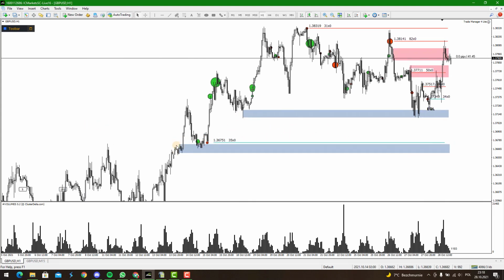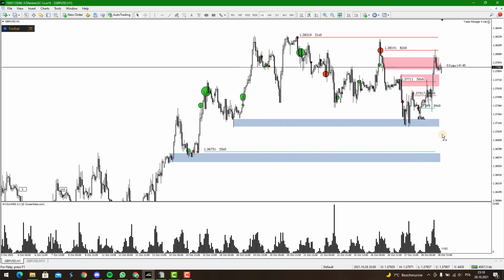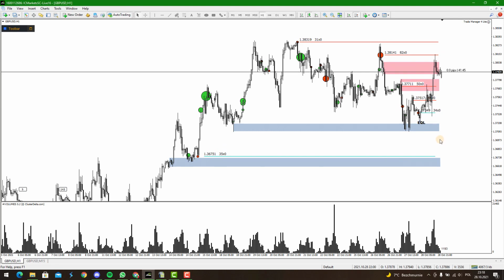Here, just in case, I have another demand with untested imbalance. Just in case, this price is moving very sharply, and I want to be prepared for both scenarios. Especially that if you have 2 times deep invader, probably this zone is empty.